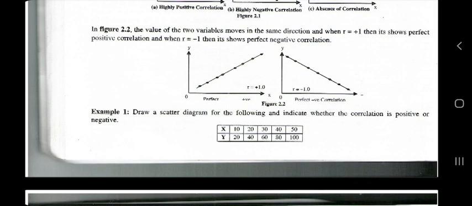The first data is consecutively increasing by 10 and the second data is consecutively increasing by 20. So there is a constant rate of increase and both data is increasing. So obviously that example will be of perfectly positive correlation and the correlation value will be +1.